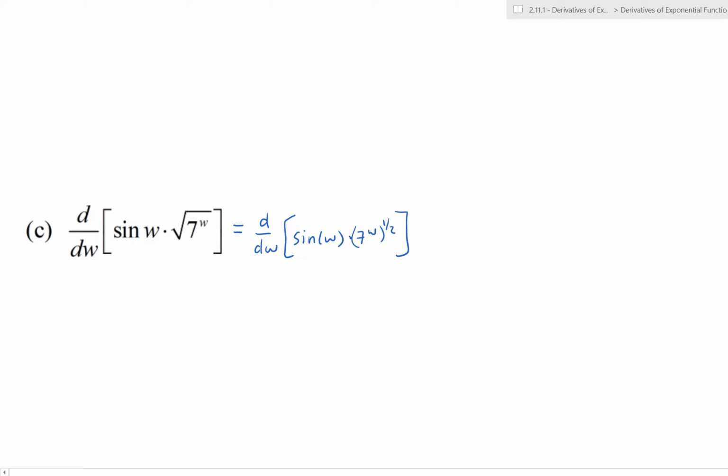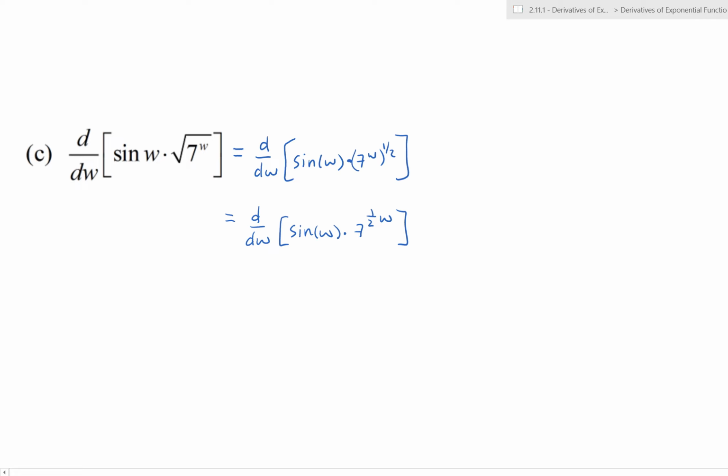But by properties of exponents, that's the same thing as the derivative with respect to w of sine of w times 7 to the 1/2 w power. Now that's not completely necessary, but it does help in our algebraic manipulations throughout this process.